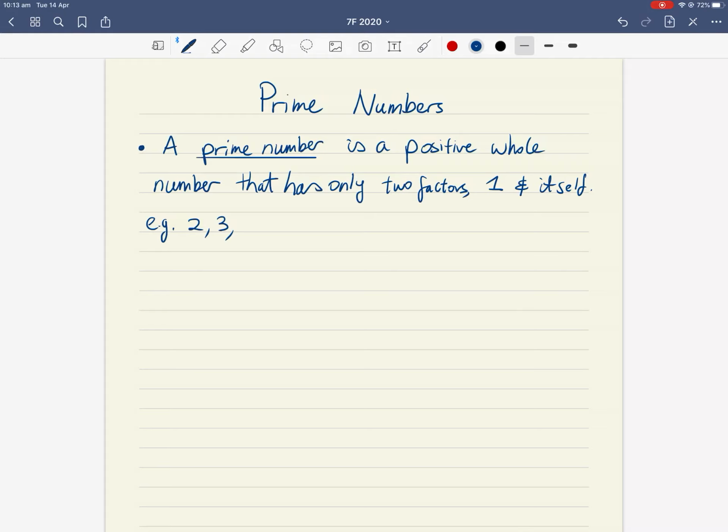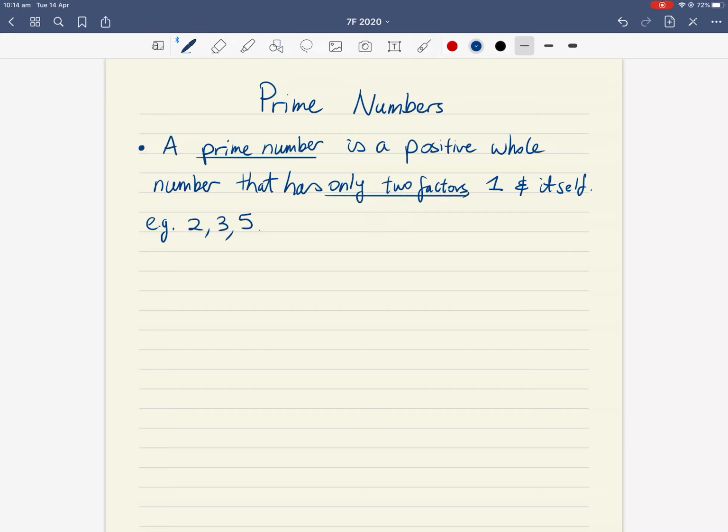Now 4 is not a prime number because the factors of 4 include 1, 2, and 4, because 4 is even. So that means that 4 has 3 factors and that is not a prime because a prime only has 2 factors.